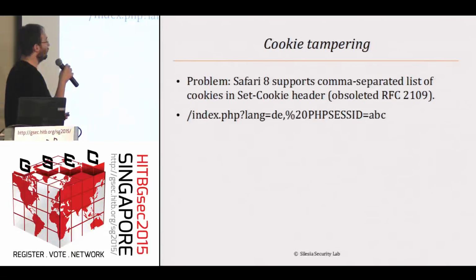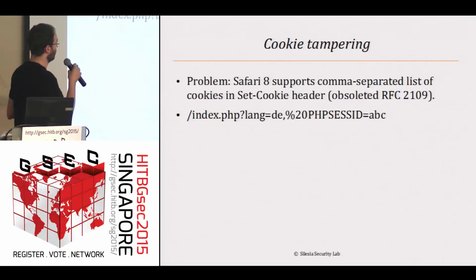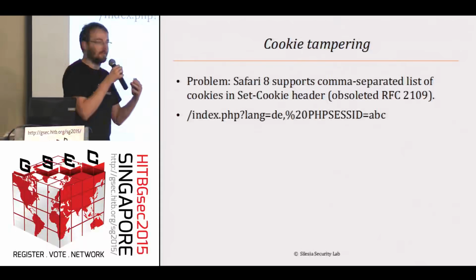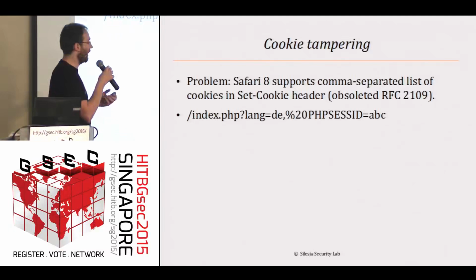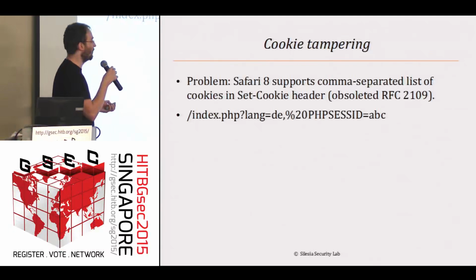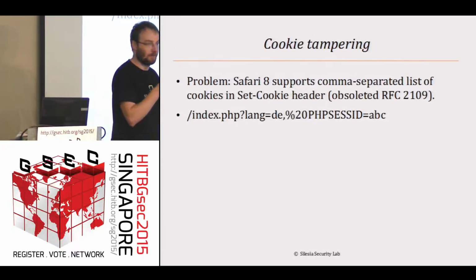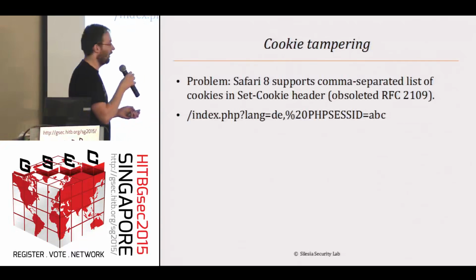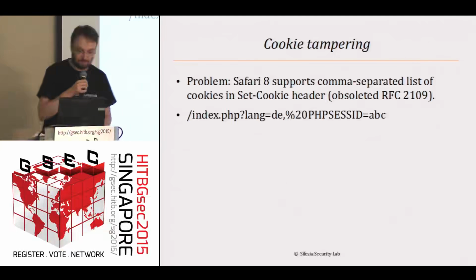But in general, we ask the victim to click a link like this. Of course, we don't have the domain here, but for the purpose of understanding, it's not needed. The victim just clicks this link, and we are able to overwrite a value of an arbitrary cookie in the cookie jar of the user. And this is very, very powerful. We already see that we can do remote cookie tampering.